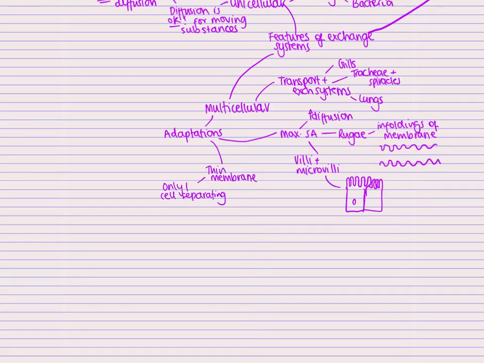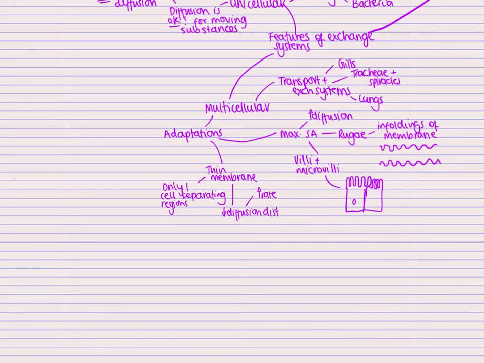So only one cell separating regions, and therefore we are making sure that the diffusion distance is reduced. And that in turn is going to increase our rate of diffusion.